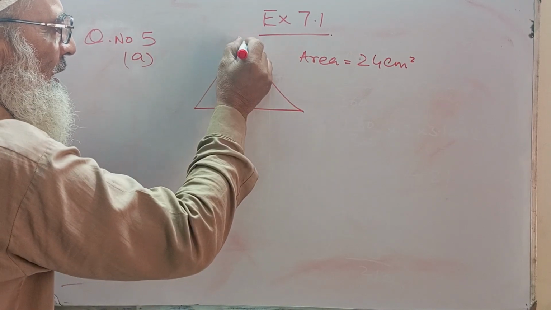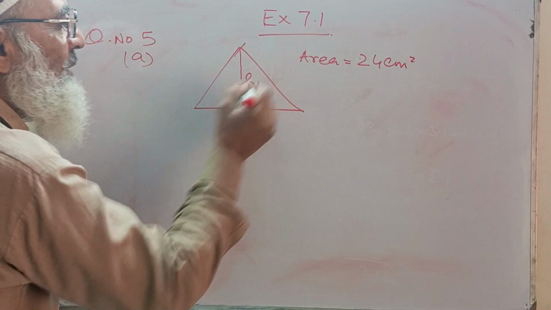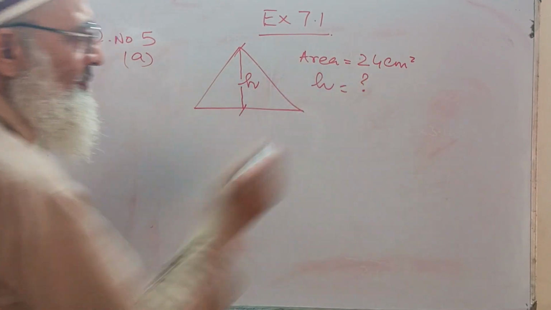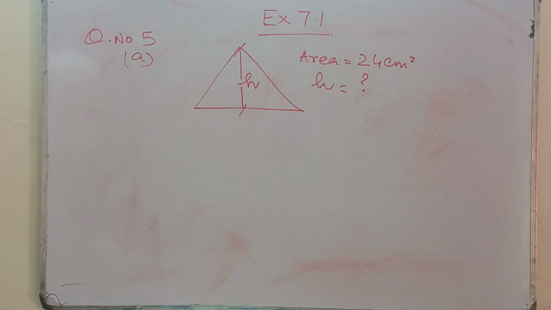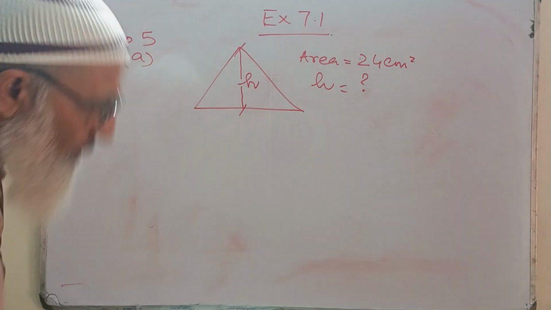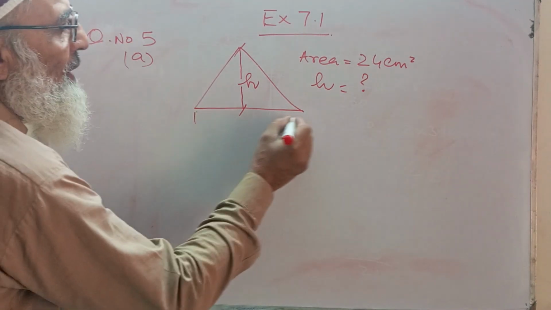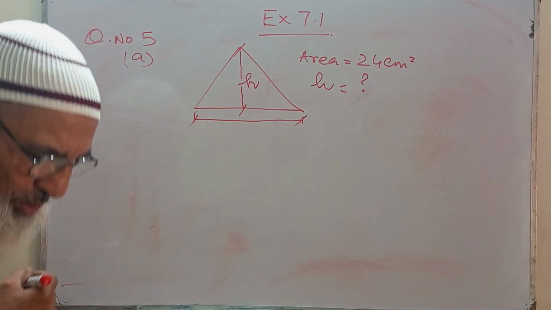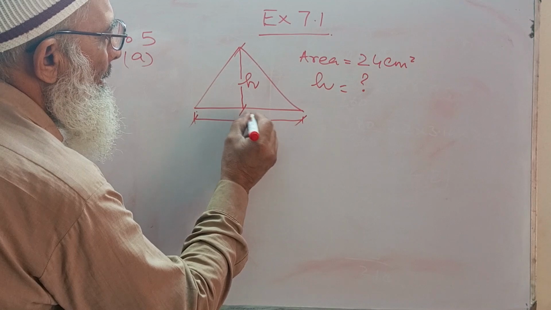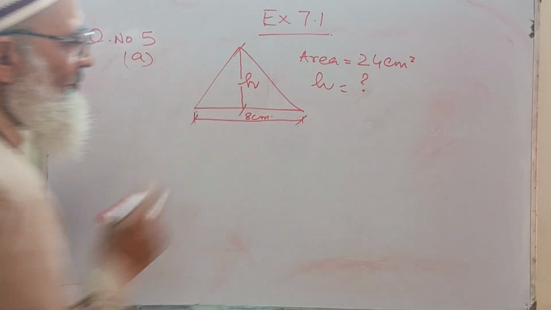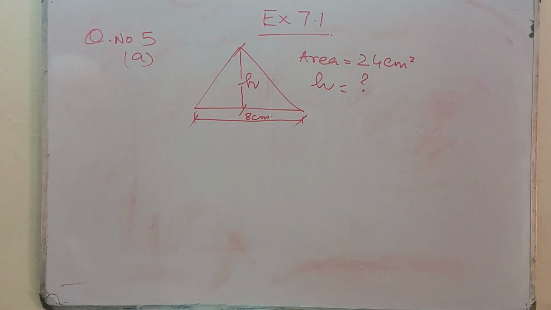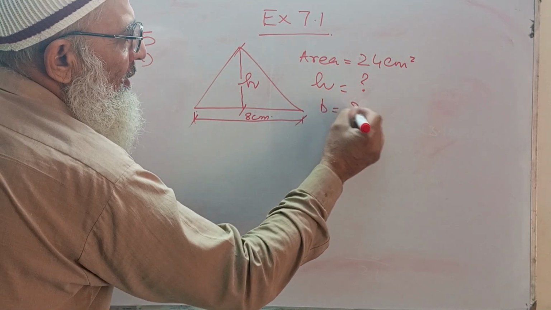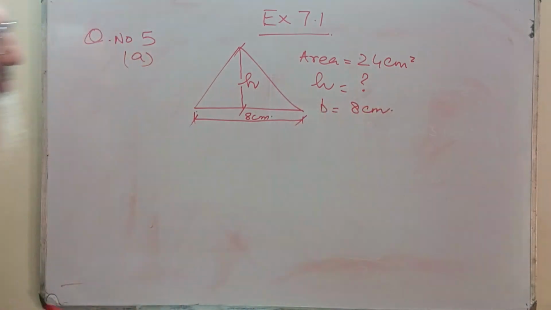This is the h which has been asked. Write the data first and then go for the solution. This base has been given, which is equal to 8 centimeters. Base b is equal to 8 centimeter.